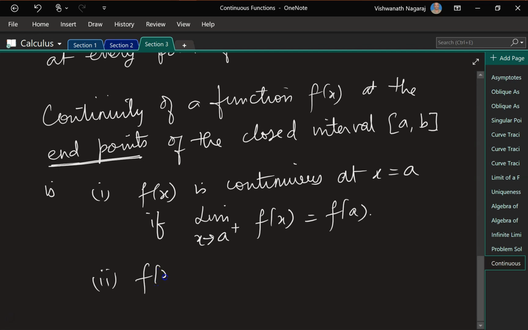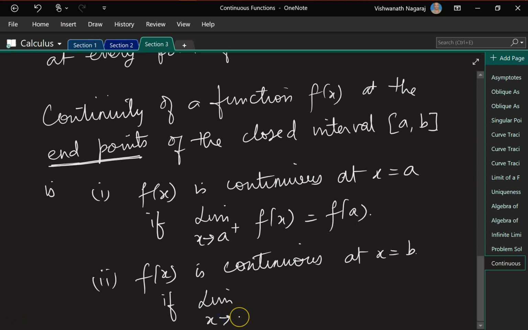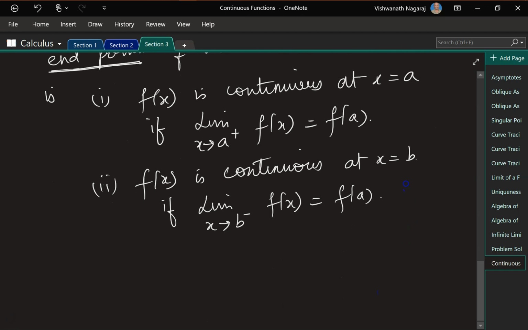Second, f of x is continuous at x equal to b if the limit as x approaches b from the left hand side of f of x is equal to f of b.